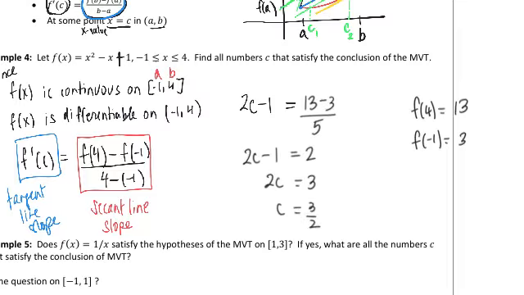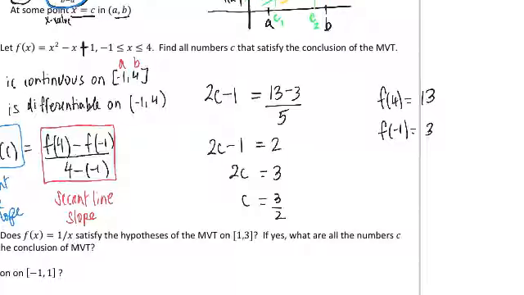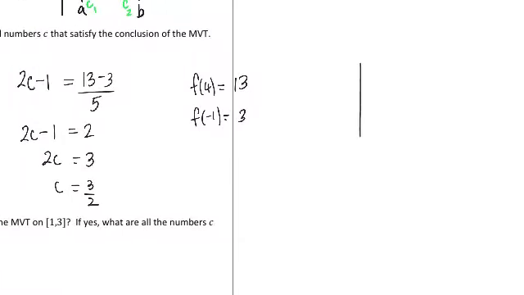So that means that at x equals 3 halves, my tangent line slope, which is my derivative value, will be equal to the secant line slope across negative 1 to 4. If you look at the graph of this function, actually it's pretty easy.